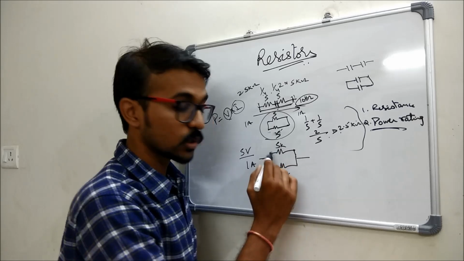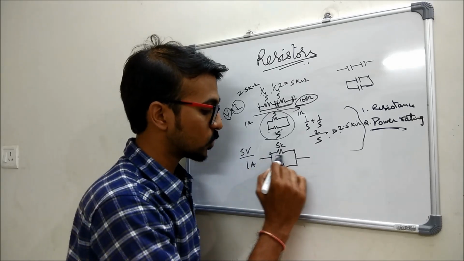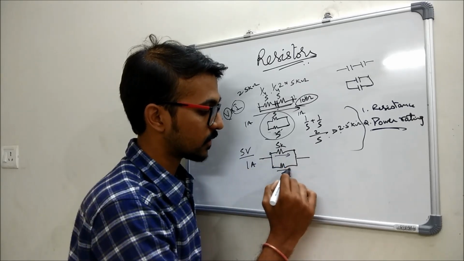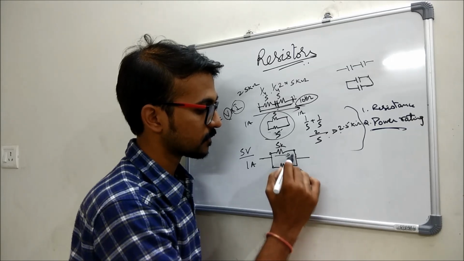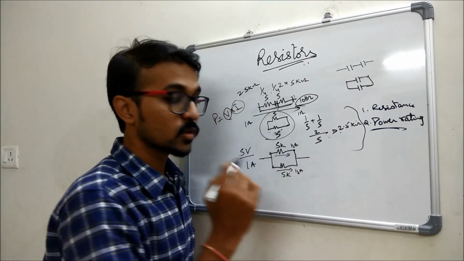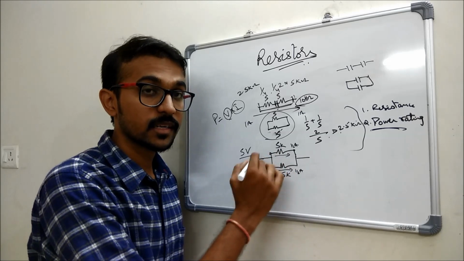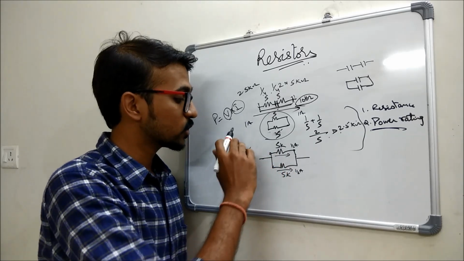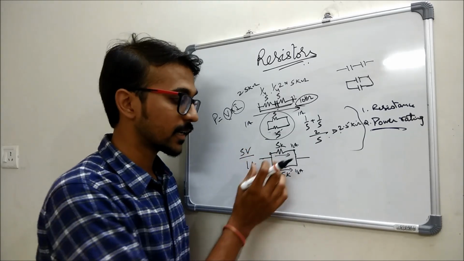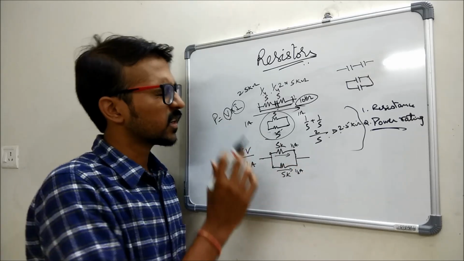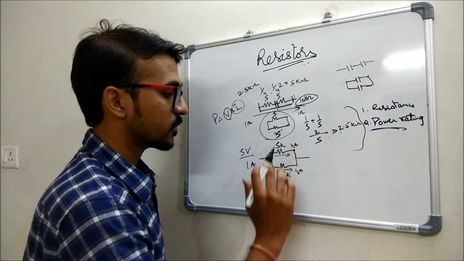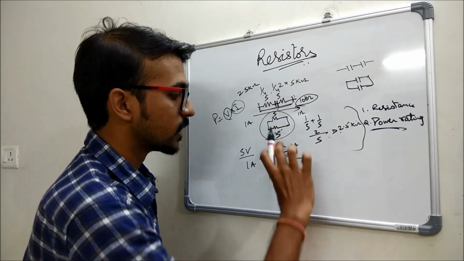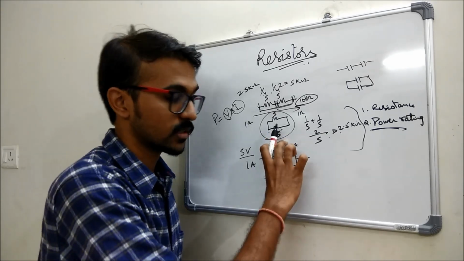Because both the resistors are the same, it will be half amp here and half amp here. So again the power is dividing across each resistor, and if you're using 1 watt power, then it will be half watt here and half watt there. So if you're using 1/4 watt resistors, it will be like a half watt resistor when you're using two resistors in parallel.